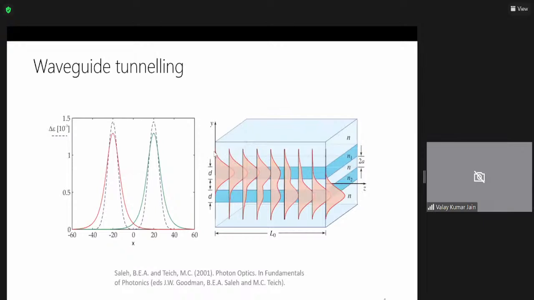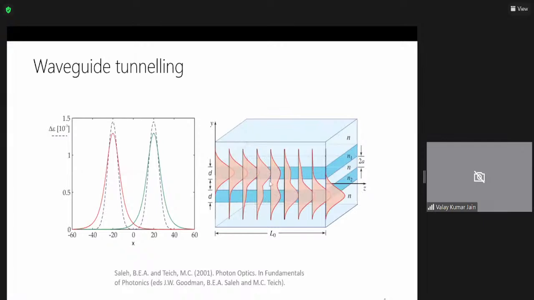What I will observe is that the spatial probability distribution of the photon is also Gaussian. And since it's Gaussian, it extends beyond the cladding of the waveguide and actually goes into the other waveguide. So as the photon propagates, there's a finite probability of finding the photon in the other waveguide.